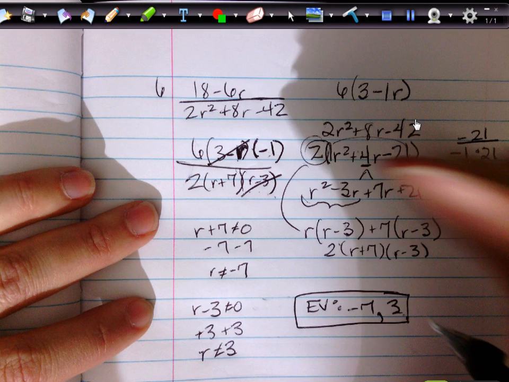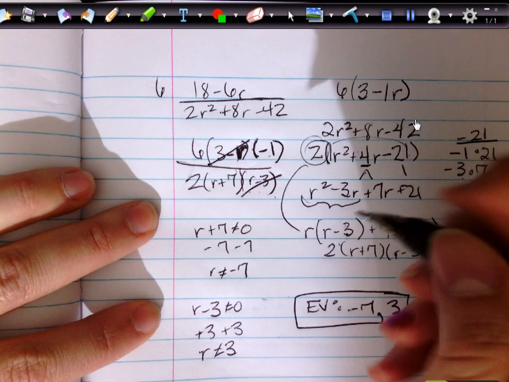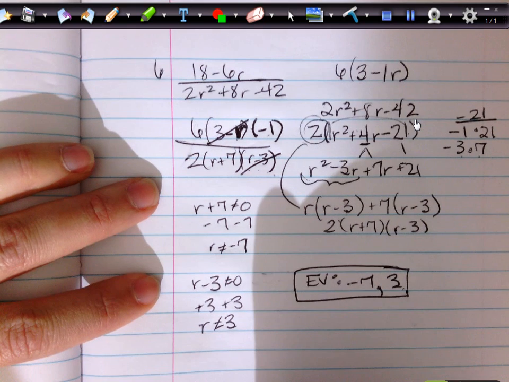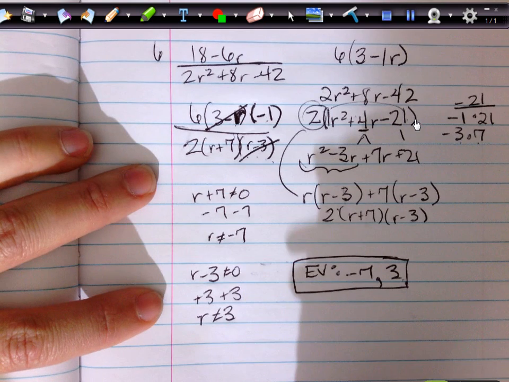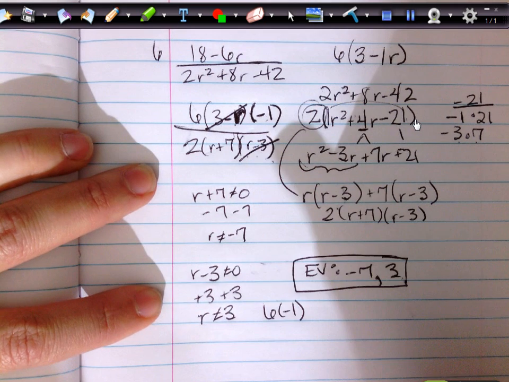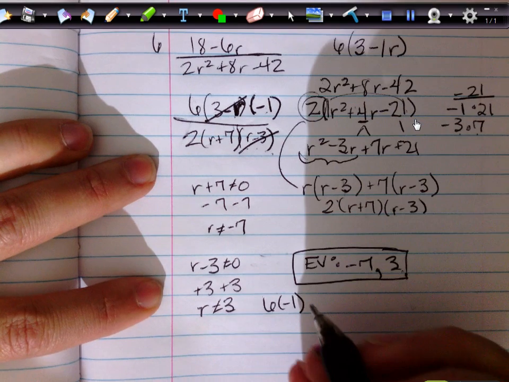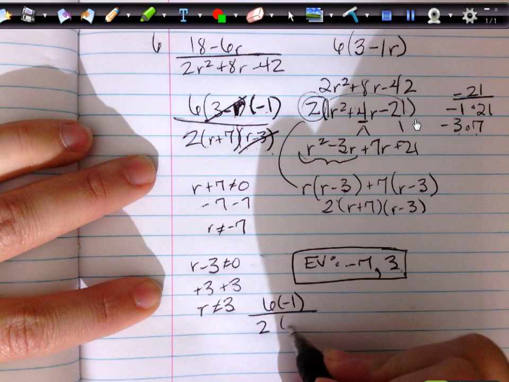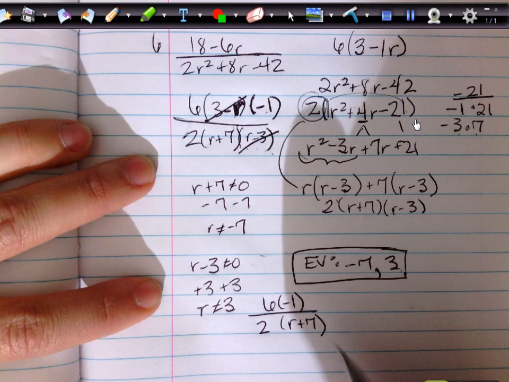And then I'm going to rewrite my problem with those canceled. I need to move down a little bit because I'm running out of space. It's going to give me 6 times negative 1 over 2 times r plus 7.